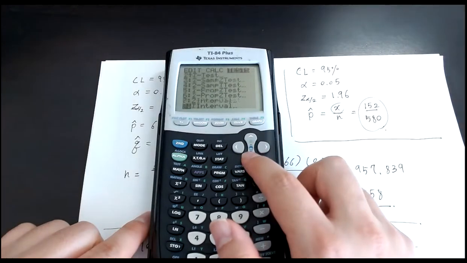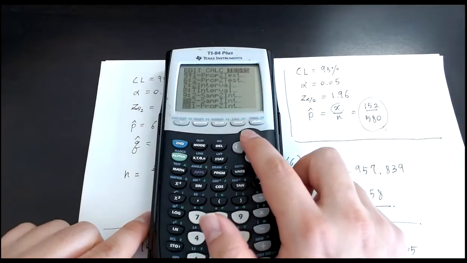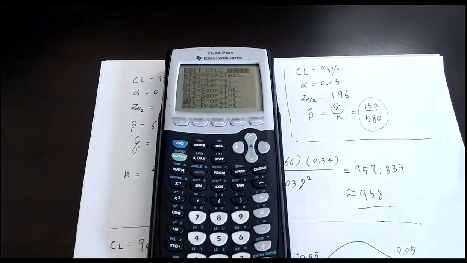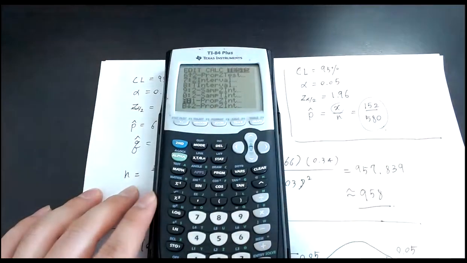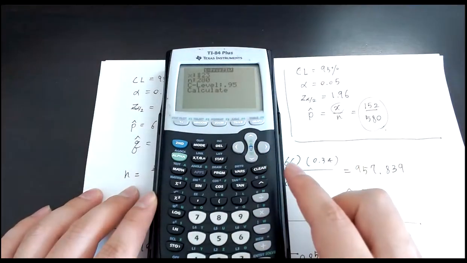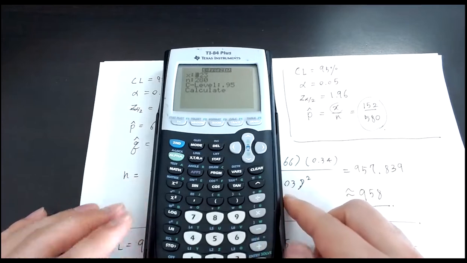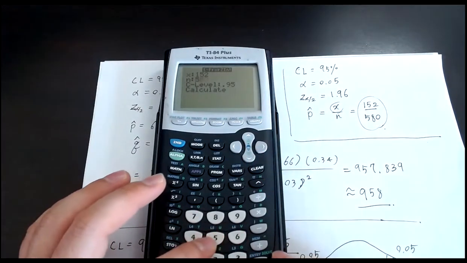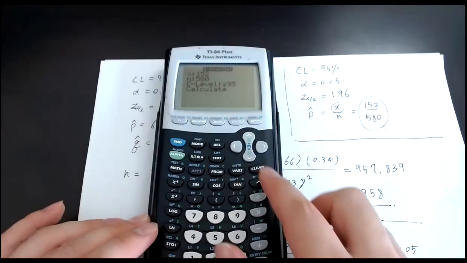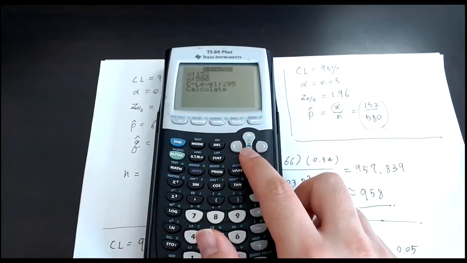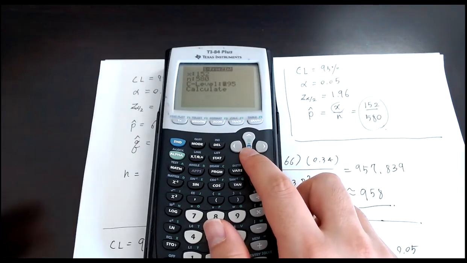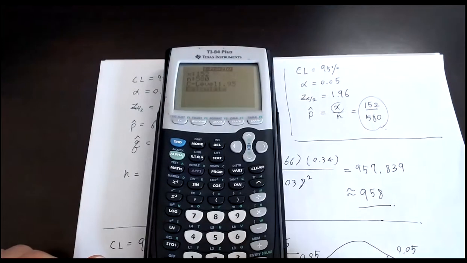Oh, I'm sorry, one proportion z interval. We are talking about the confidence interval, right? One proportion z interval. Click it, and then x is 152, and n is 580, right? C level 95%. Keep in mind you have to convert the percentage to a number. 95% means 0.95, right?